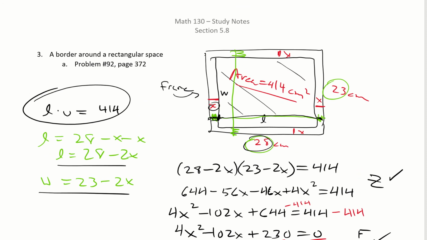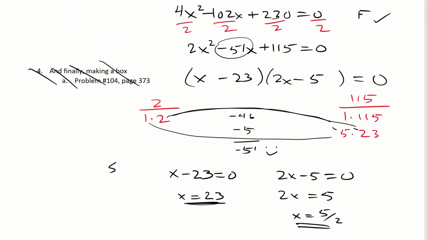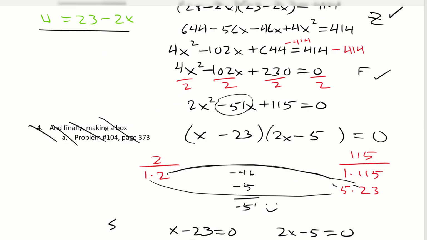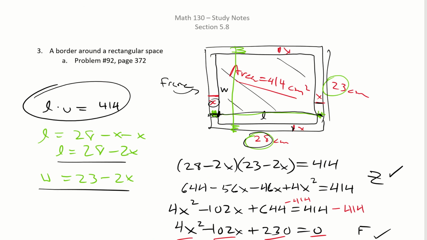So to end up this video, we go back to the top, and we go, okay, so which one is it? Which one works? I mean, does it make sense to make a picture frame that is 23 centimeters when one of the sides is 23? See, the 23 we got down here doesn't make any sense in the word problem, because that would mean, okay, so 23 and 20, no, it doesn't fit the frame.